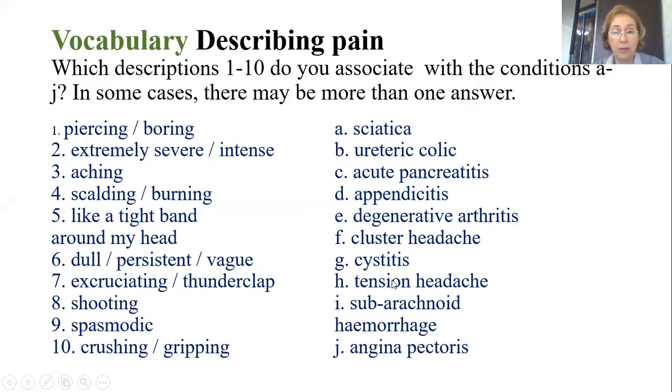I do not understand exactly what the difference is between cluster headache and tension headache, but anyway, I can understand the location. As for example, sciatica, this is condition A. Do you know the meaning of this word? Sciatica.